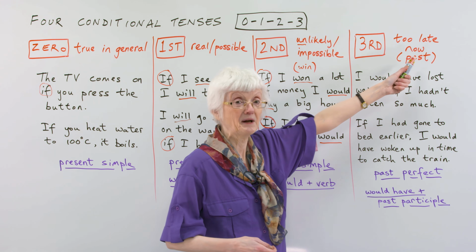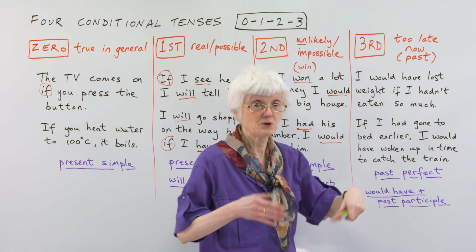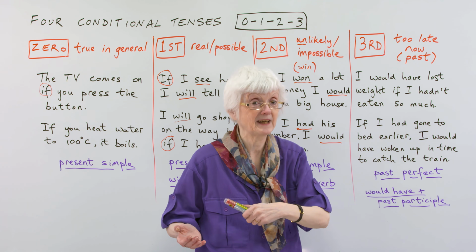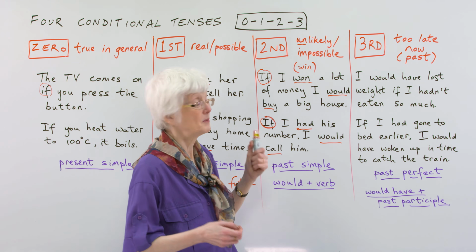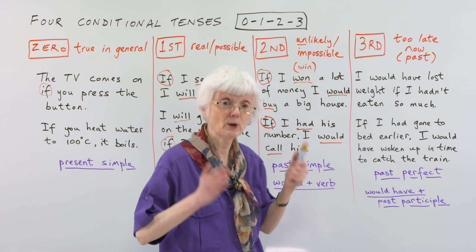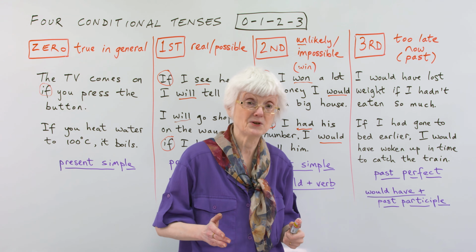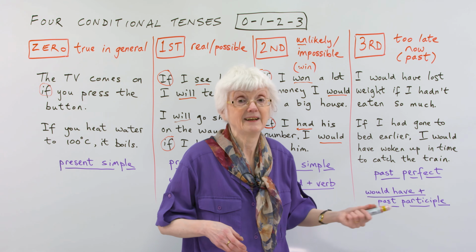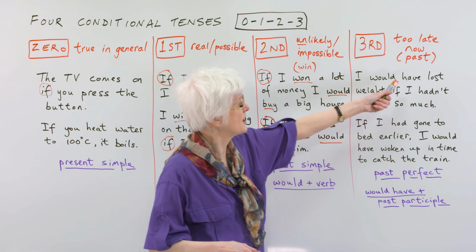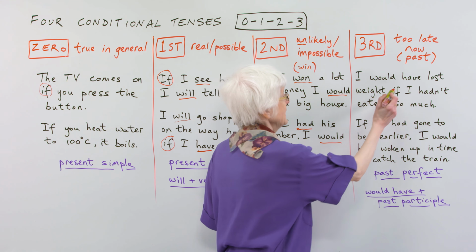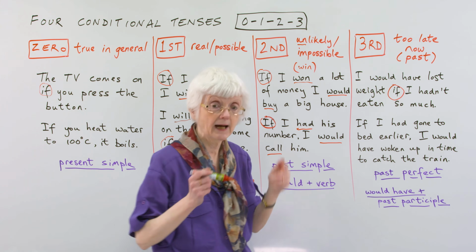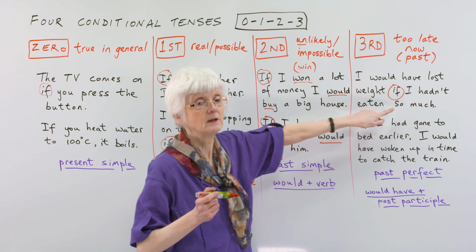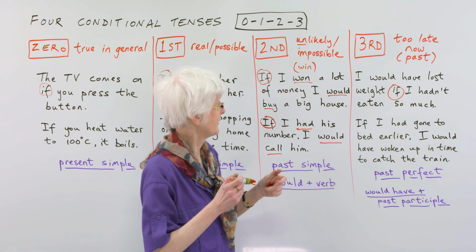It's too late now to lose. Of course, in the future, you can try again, you can keep trying, but at this point in time, you have not lost weight on your diet because you have just been eating a lot. So I would have lost weight if I had not eaten so much.